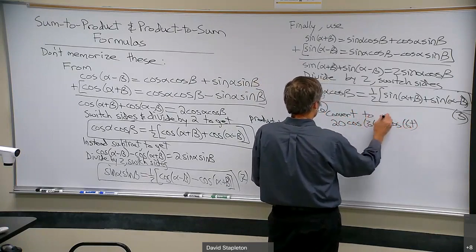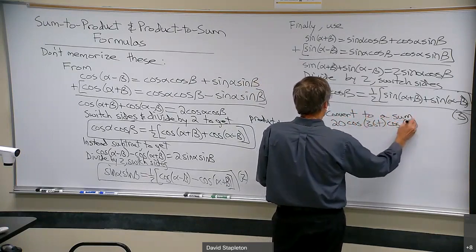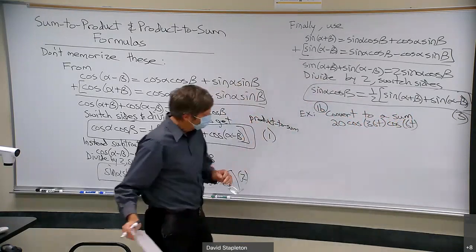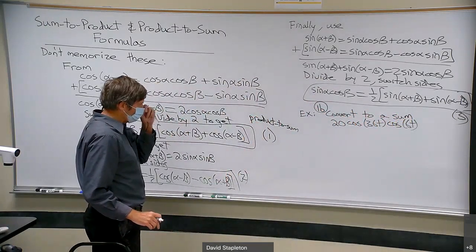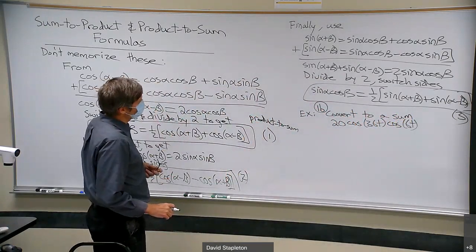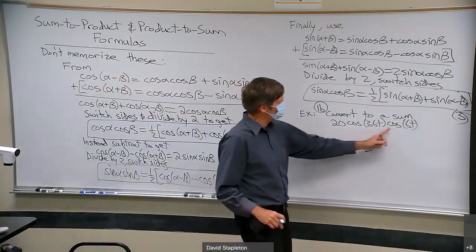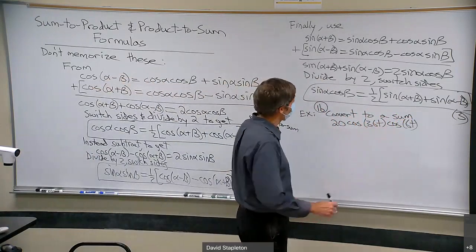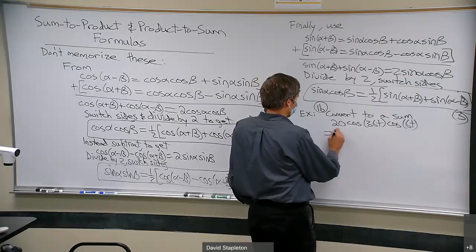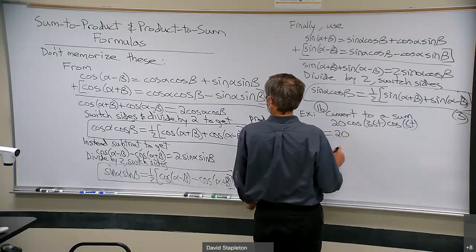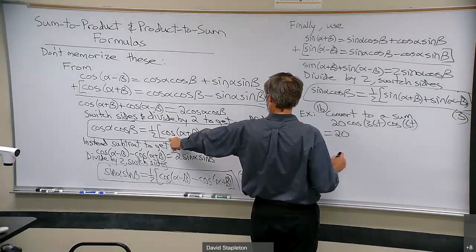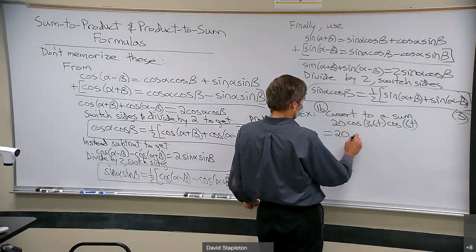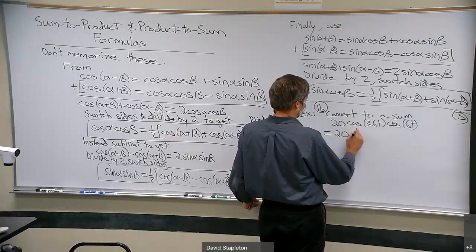Convert to a sum. And the idea on a lot of these is just to recognize this looks like something you've seen before. When you see cosine times cosine, you think, wait a minute, a product can be converted to a sum. What I have to do is just remember that cosine times cosine by equation number 1 is 1/2 of something. So this is 20 here times 1/2.